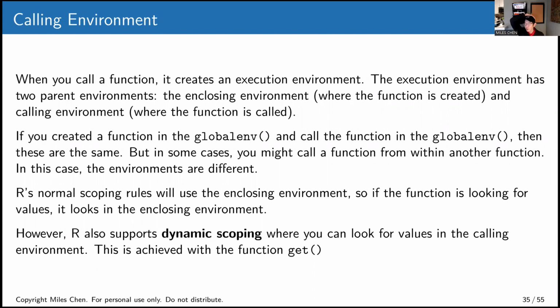But sometimes you call a function from inside another function, and then in that case, the environment rules are different. R's normal scoping rules will always use the enclosing environment. So if the function is looking for values, it's going to look in the enclosing environment. But R also supports something called dynamic scoping, where you can look for values in the calling environment, and that's achieved using the function get.